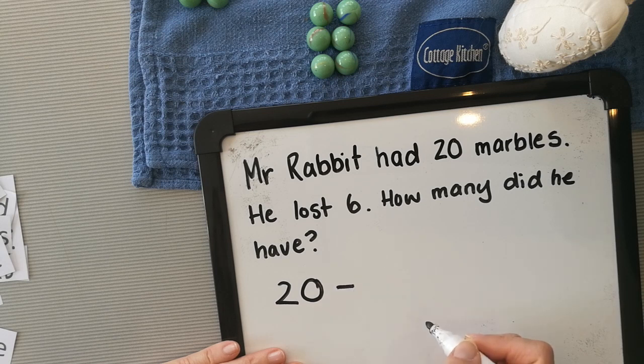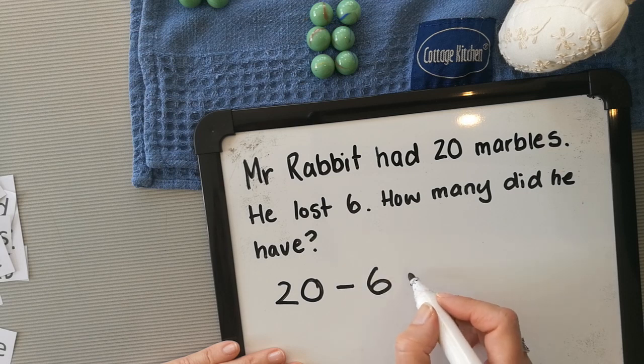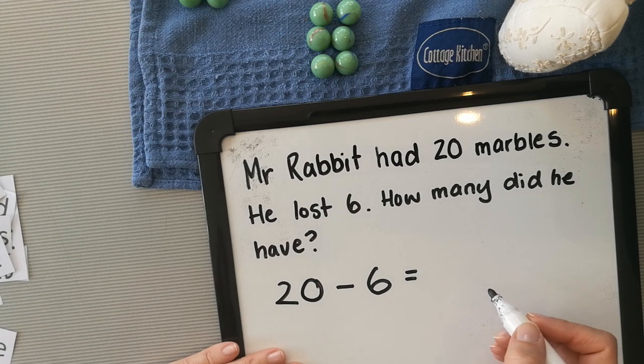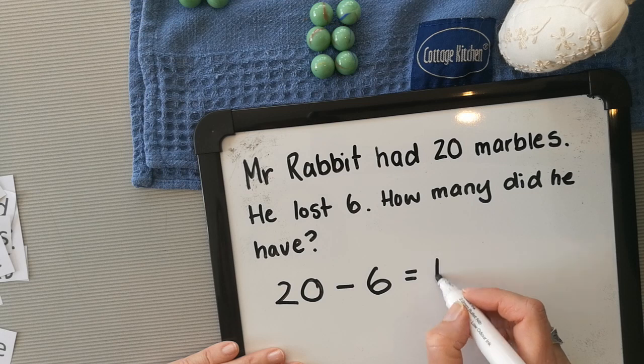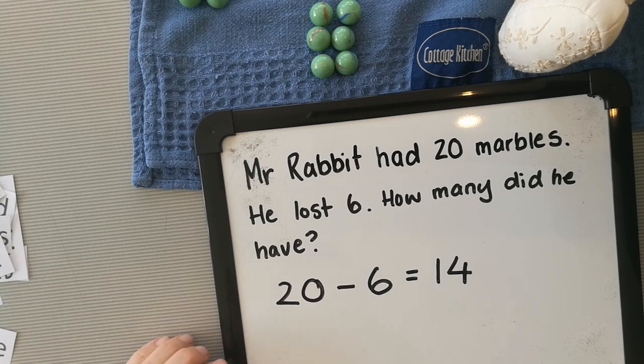Minus, or subtract, 6. What do we need next? Equals. And then we would have the answer. The answer was 14. Fantastic. So we now know that we have 2 ways that Mr. Rabbit and I can tell you about number stories.